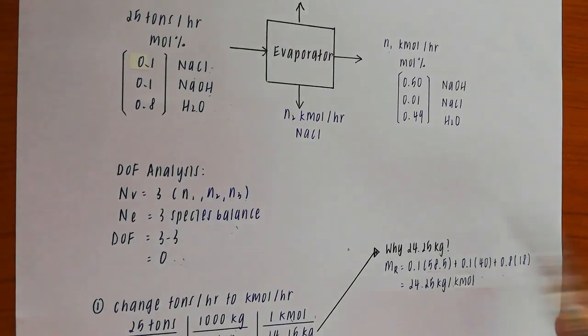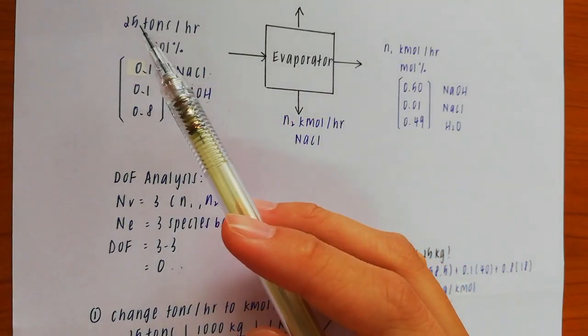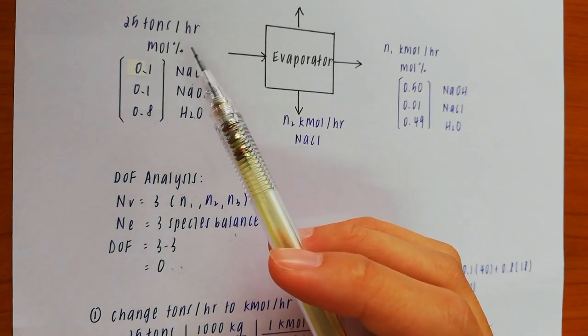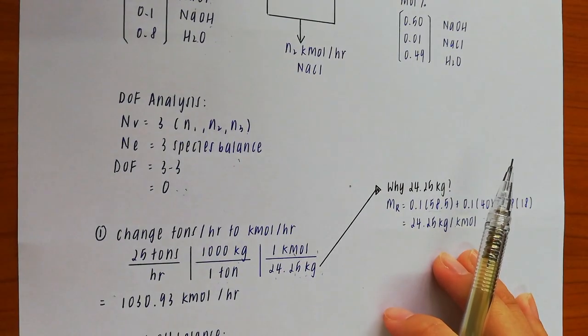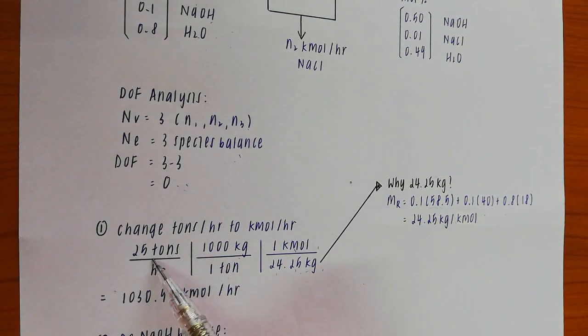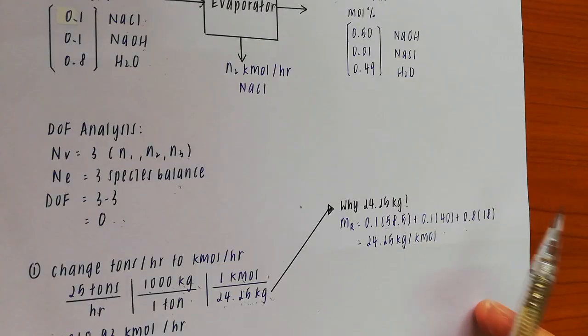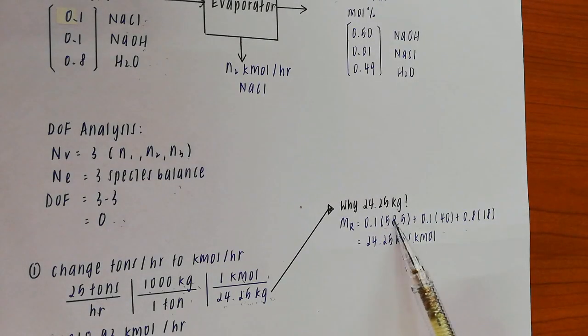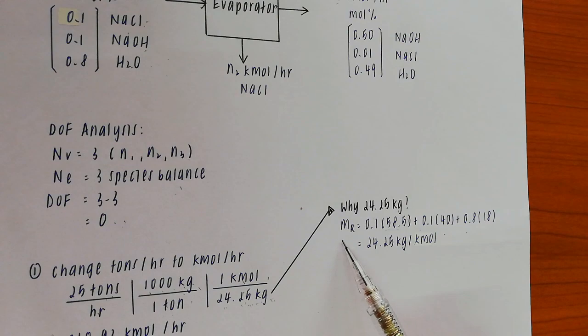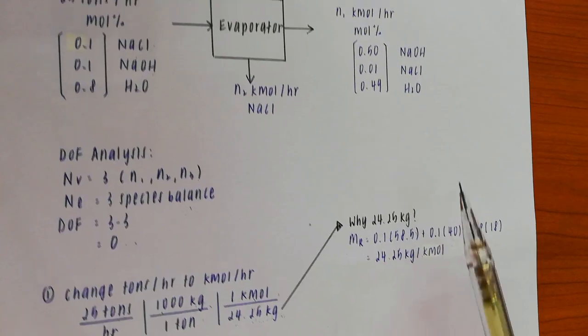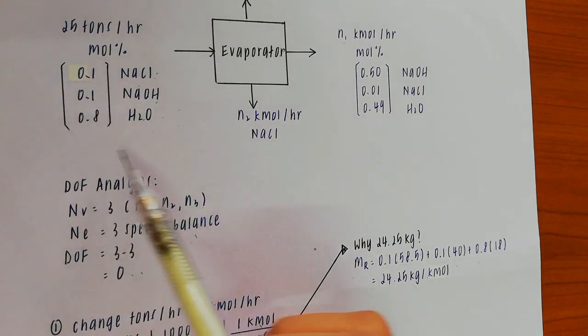The first thing we're going to do is change the 25 tons per hour to kilomole per hour. We can do it like this: 25 tons per hour times 1000 kg, because 1 ton equals 1000 kg, and then 1 kilomole equals 24.25 kg, because 24.25 is the molecular weight of the composition here.